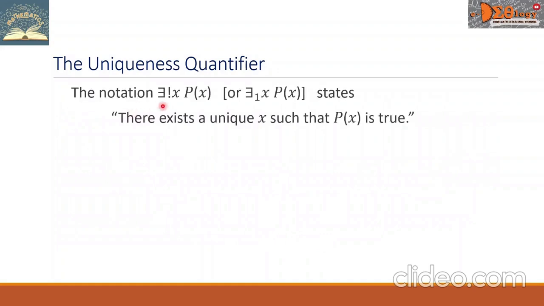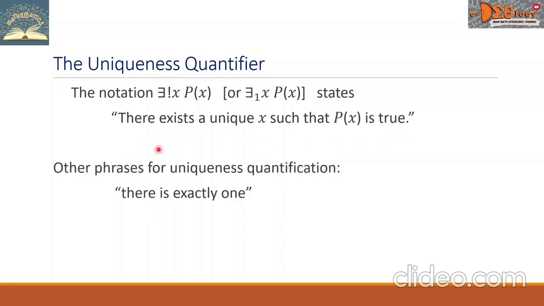The notation reversed E exclamation point x p of x, or this symbol, states there exists a unique x such that p of x is true. Other phrases for uniqueness quantification: there is exactly 1, there is 1 and only 1.